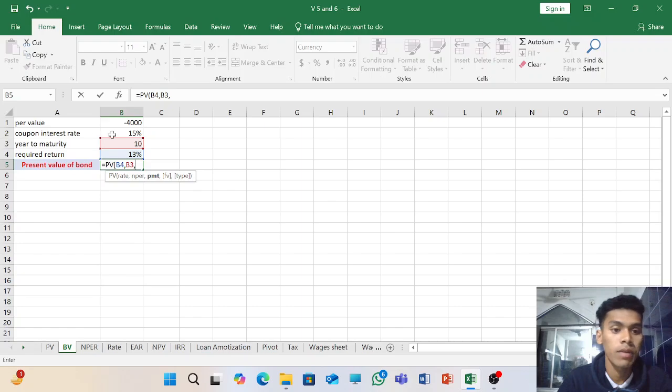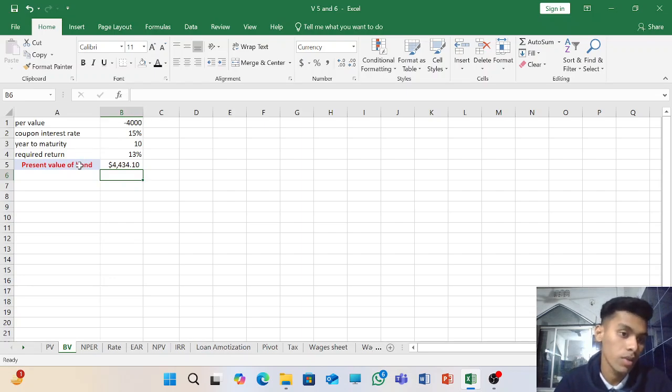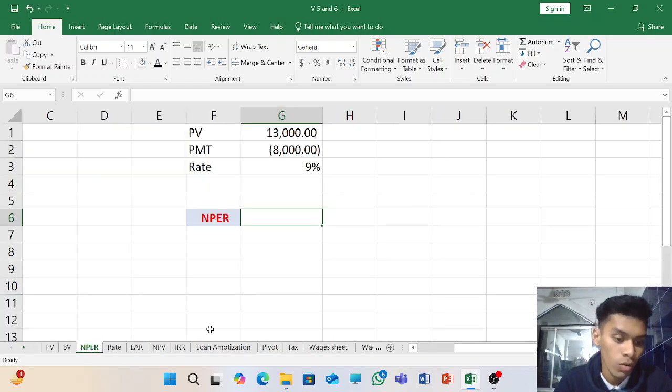Here the interest rate is 15% times par value. Par value is 4000, comma, we again insert the par value, bracket close and enter. We can see that the present value of the bond is $4,434.10.